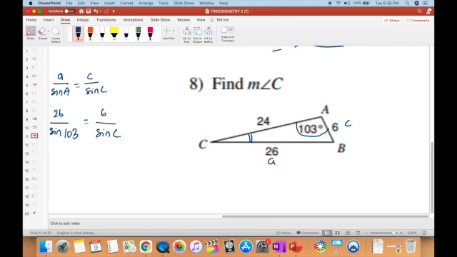Right? So we have some cross multiplying there to do. So let's cross multiply that. So now I'll get the sine of C being multiplied by 26, and on this side I'll have the sine of 103 being multiplied by 6.